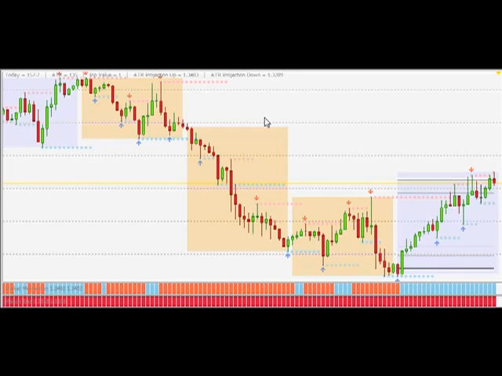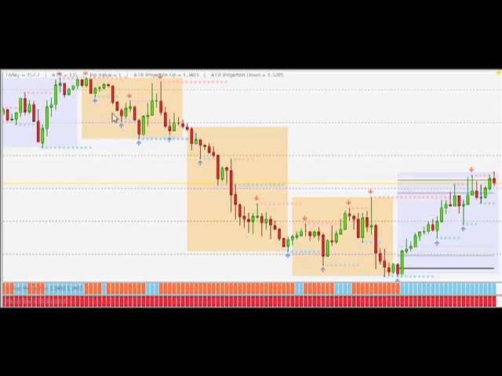Now, why is that important? Because let's say you're getting into a trade and price has already moved its average, you might want to take into consideration that it's not going to move that much more. Now, of course it can, but you might want to take into consideration that it might have done what it's going to do for the day.